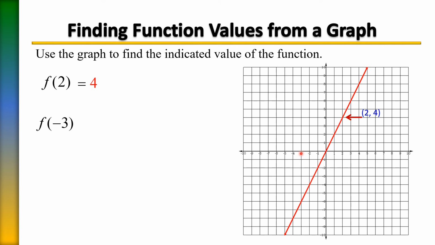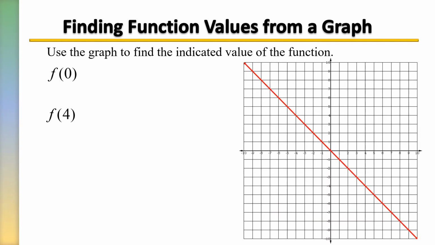So let's go down. 1, 2, 3, 4, 5, 6. Which means that my y value here of my ordered pair is -6, so therefore f of -3 equals -6.